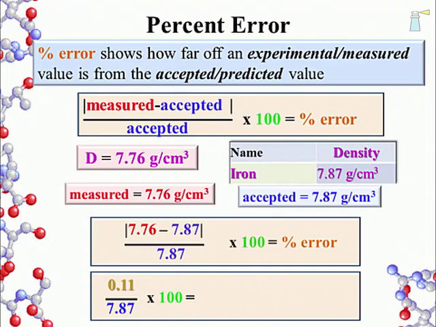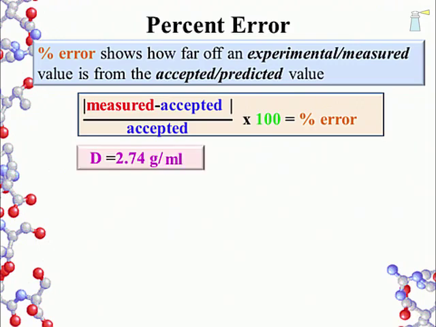Dividing 0.11 by 7.87 gives 0.0140, and multiplying that value by 100 gives the percent error of 1.40%. That's pretty good. Let's see how we did with the density using volume by displacement.